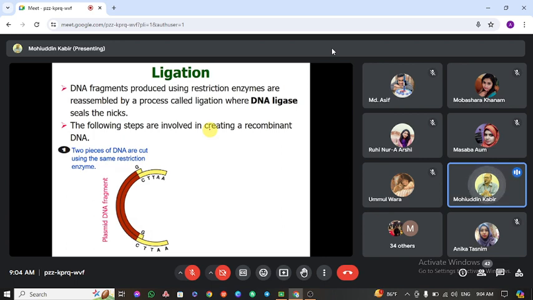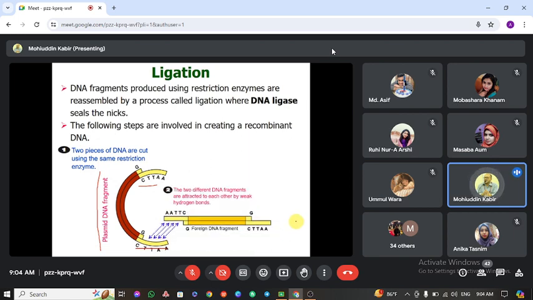So let's say this is a plasmid DNA that has been digested with restriction enzymes. And this is the sticky end. Our target DNA has also been digested with the same restriction enzymes. Therefore, this end will be complementary to this end, and this end will be complementary to this end.